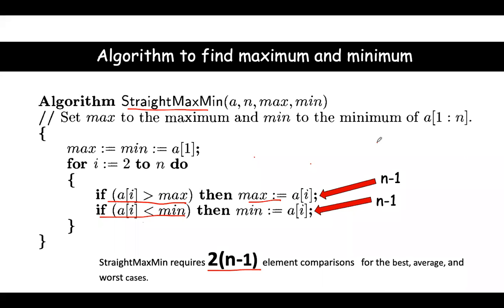Second module is very simple: binary search, maximum, minimum, merge sort, quick sort, and Strassen, one more multiplication algorithm for matrix multiplication. These four algorithms: binary search you already know. This maximum minimum is also very easy. Merge sort also you have studied, and quick sort also you know.